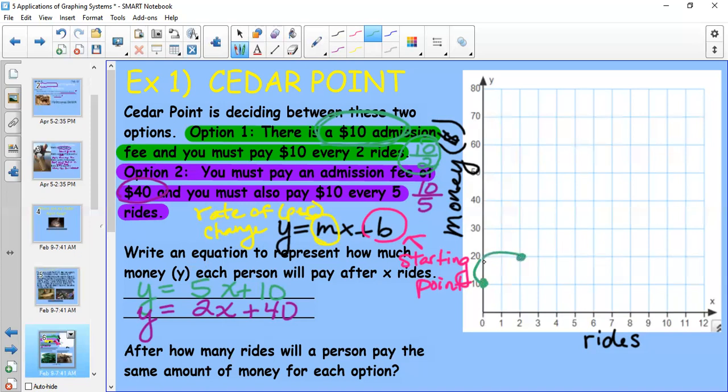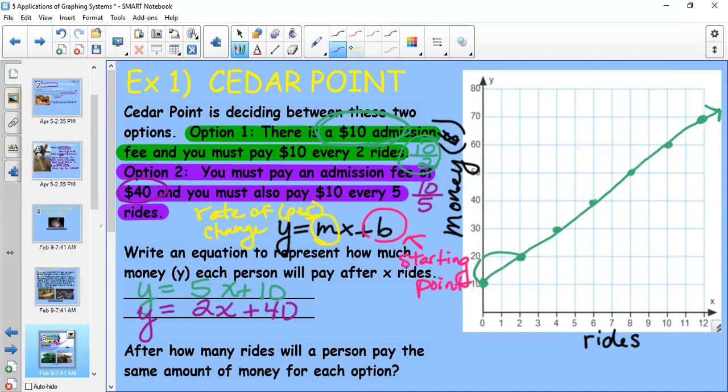So my rise and run here is technically up 1 box over 2 boxes, but that is up $10 over 2. So I'm going to keep going that up 1, right 2, up 1, right 2. And because this is a system, I want to get as many points as I can, because I know I'm looking for eventually where the 2 lines cross.